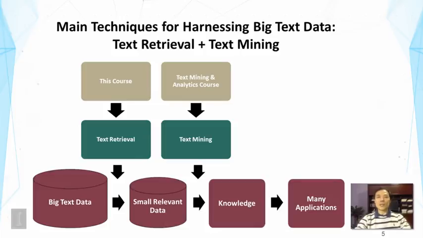And these techniques would help us convert raw big text data into small relevant text data, which are actually needed in a specific application. Now, human plays an important role in mining any text data because text data is written for humans to consume. So involving humans in the process of data mining is very important.